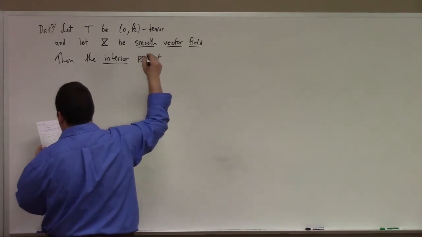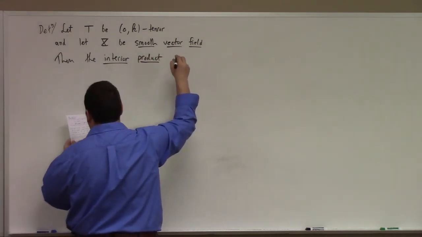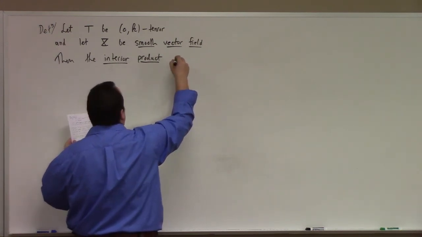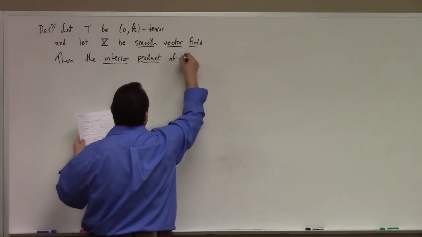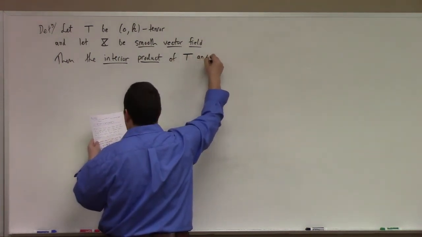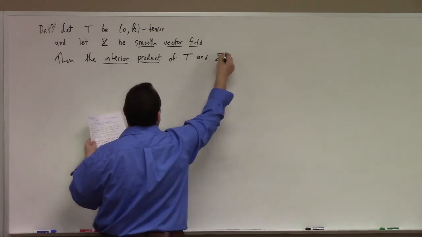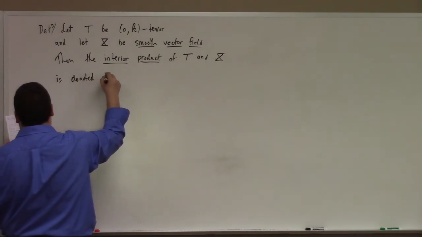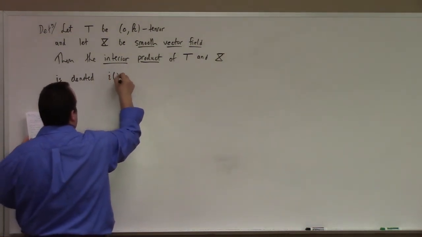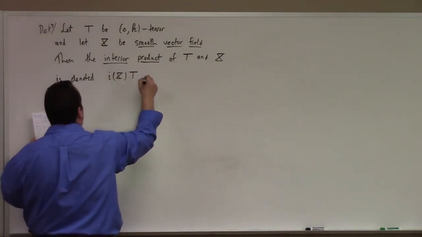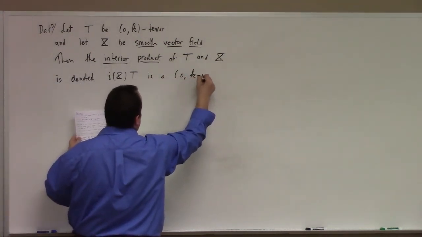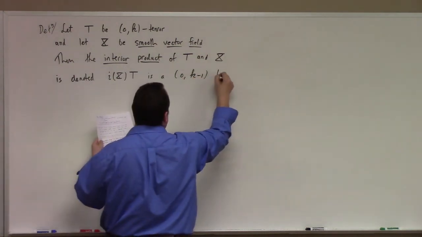I skipped the discussion of it in the linear algebraic sense in an earlier section, but now we're actually using it to do things, so I'll talk about it today. The interior product of T and X is denoted i_X T, and this is a (0, k minus 1) tensor field.